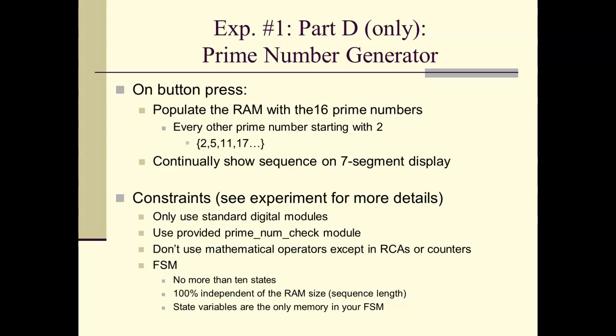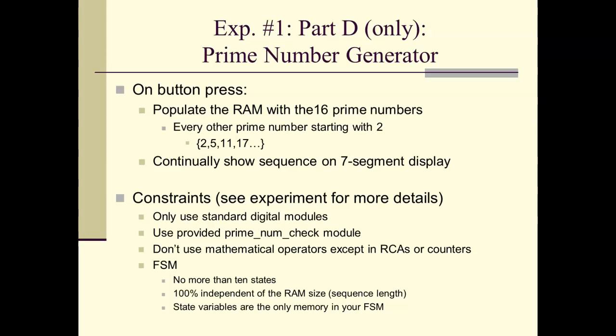Essentially, in your project, I don't want to see any mathematical operators except in RCAs or counters. So once again, this is kind of no magic circuits here. So this is going to need a state machine to control this and make it work right. And so I don't want any more than 10 states in your state machine. Should be doable. 4 or 5 states, not a big deal.